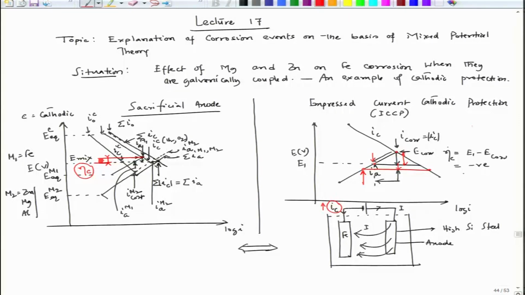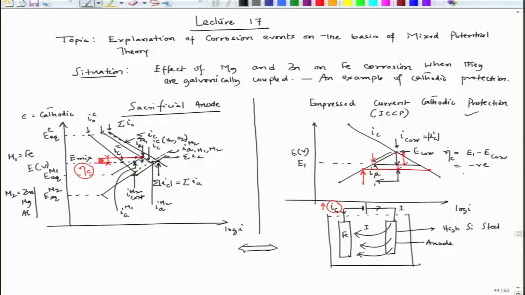That is possible in this case, but in the other case it is decided by the self dissolution of the active metal, and this overvoltage amount can only be changed if we change the anode material.